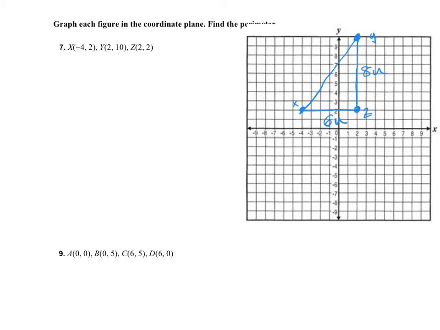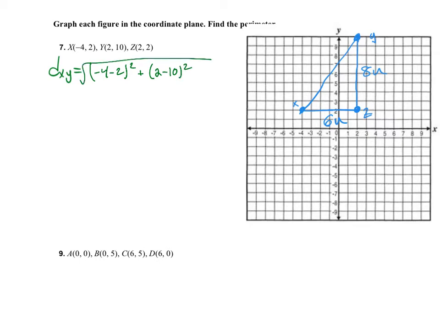So my distance between x and y equals the square root of (-4 minus 2) squared plus (2 minus 10) squared.